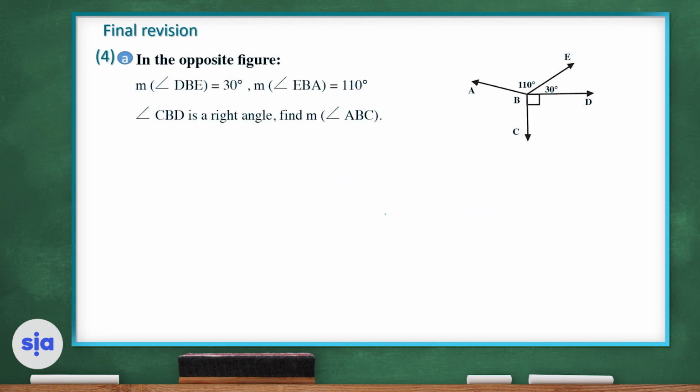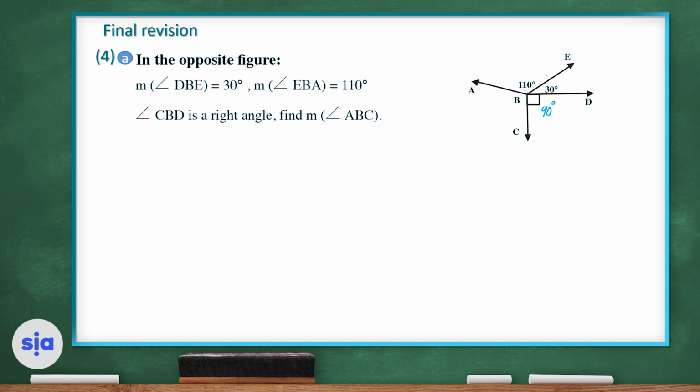Question 4a. In the opposite figure, the measure of angle DBE is 30 degrees and the measure of angle EBA is 110 degrees, and angle CBD is a right angle. Find the measure of angle ABC. Right angle means 90 degrees, right? Yes.